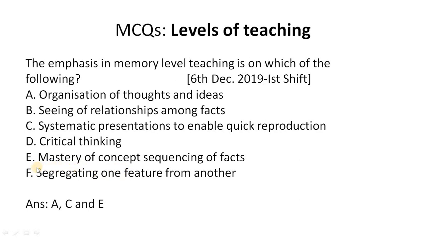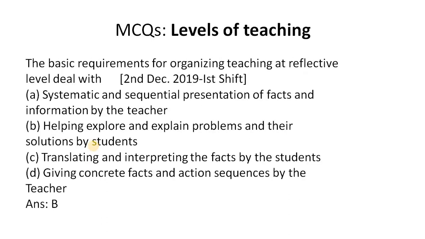Segregating means we have the thinking process to distinguish one from another. That's why it is a matter of thinking, and the memory level does not take thinking quality. So our answer will be ACE.